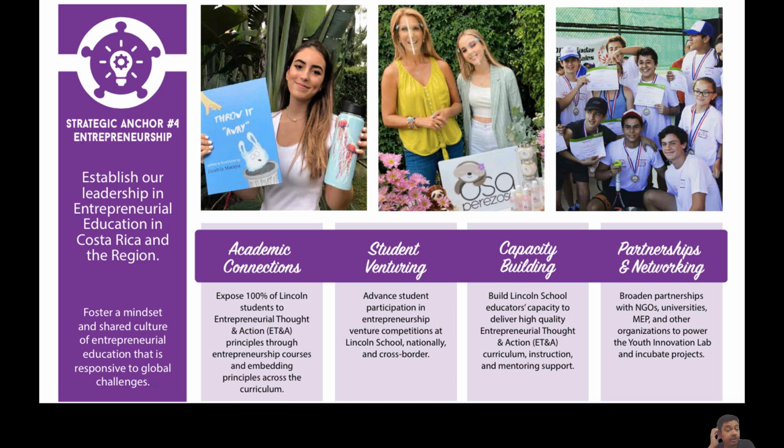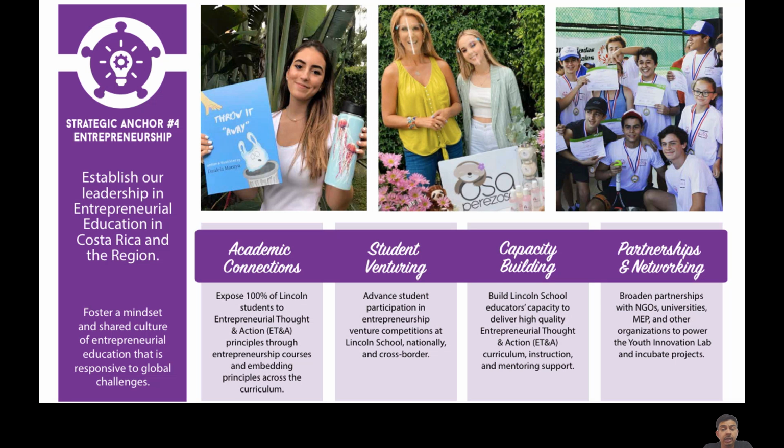Establishing our leadership in entrepreneurial education in Costa Rica and the region, right? So for this, there are four main divisions or topics: building academic connections, student mentoring, capacity building, and partnerships and networking, right? So this is what the fourth strategic anchor is about.